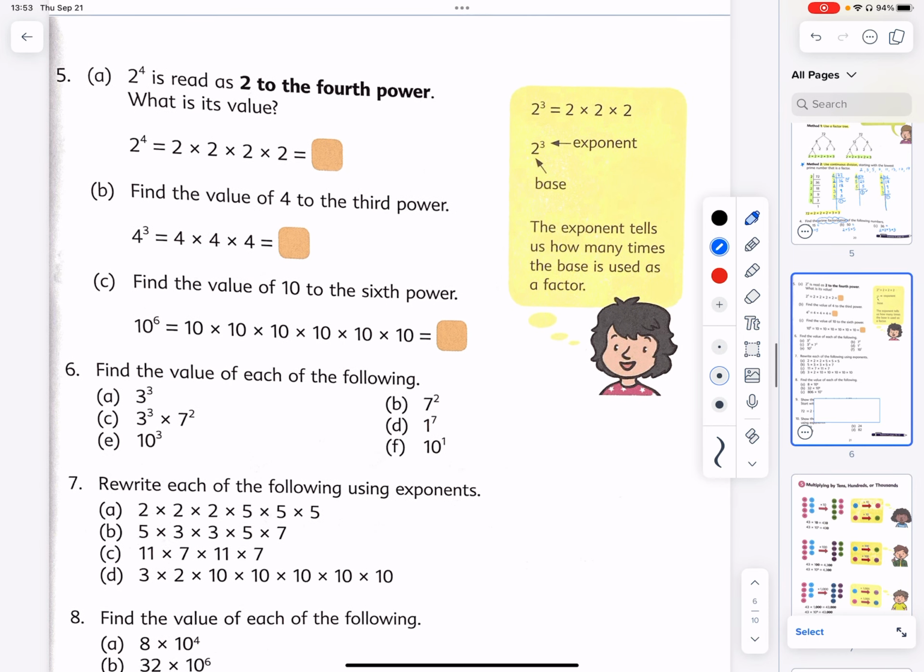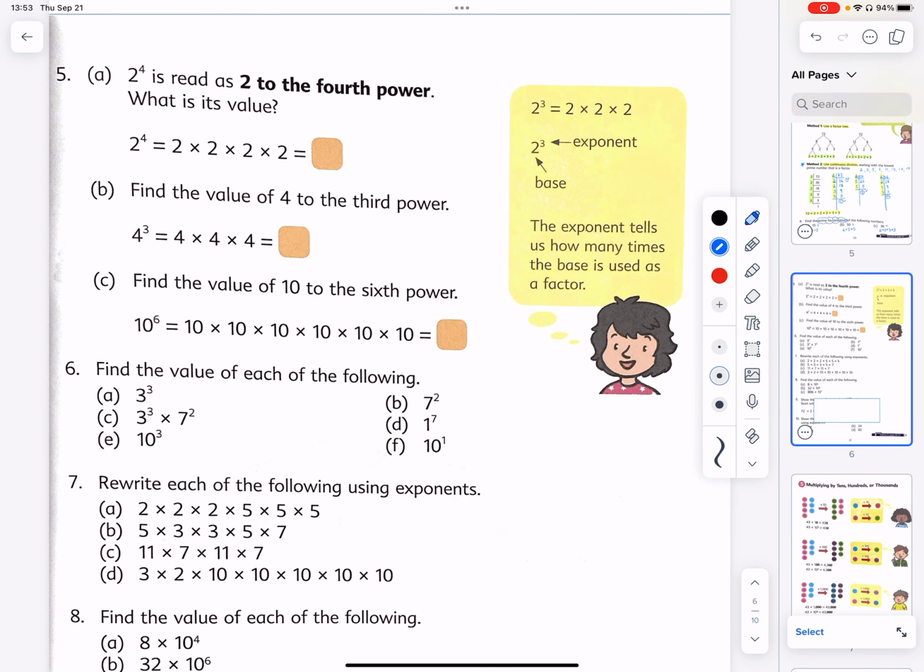Now, the next topic I want to introduce is something we call exponent. Right here is a very new concept, hopefully new to all of you. We read this as 2 to the 4th power. Some people also say 2 to the power of 4. What is the value?